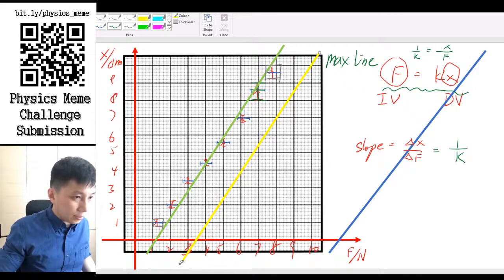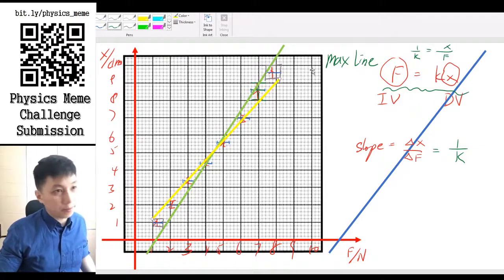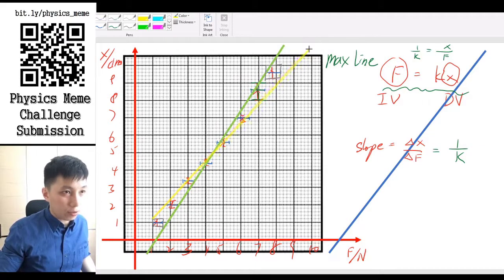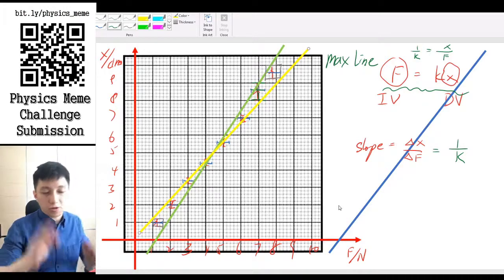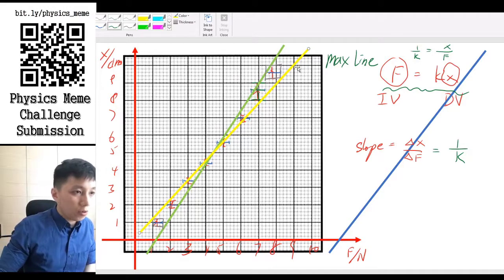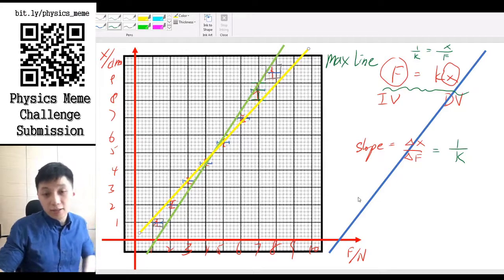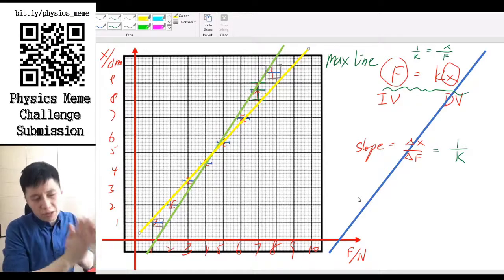The answer is obviously the top left of the first data point and the bottom right of the last data point. And of course, you can always draw longer than that, because this is more natural, to show that it's not just within those data points. This is only the first step to check the minimum line.